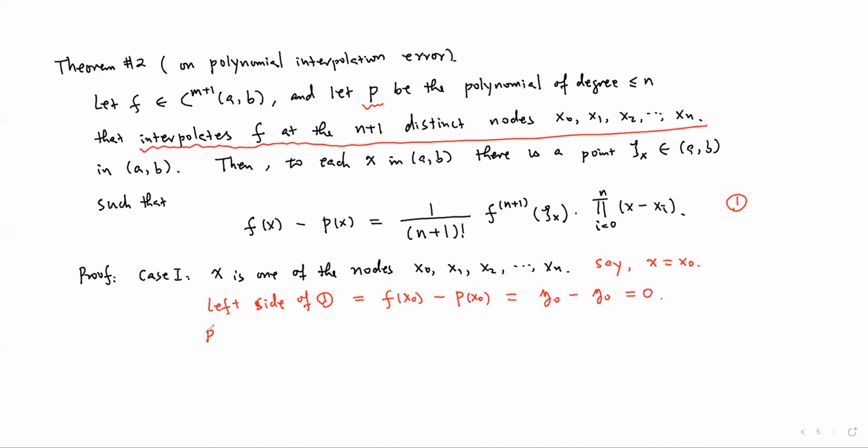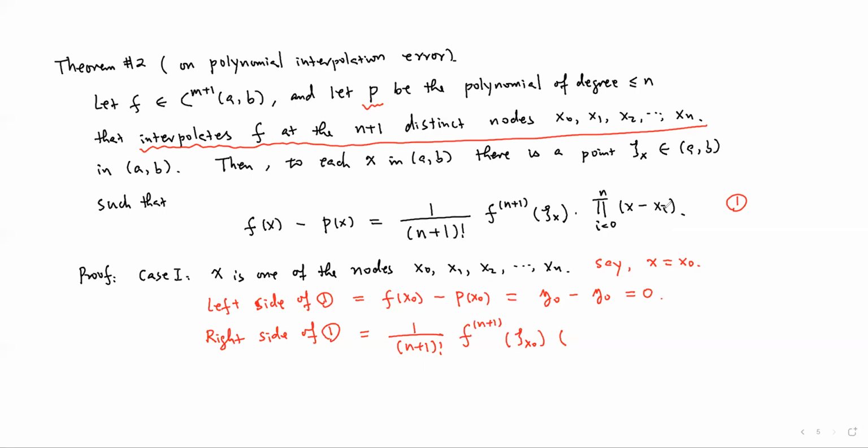How about the right side? The right side of equation 1. I plug in x0 for x. f^(n+1)(ξ) at x0. Actually, in this case ξ can be any point. Now let me expand the product.